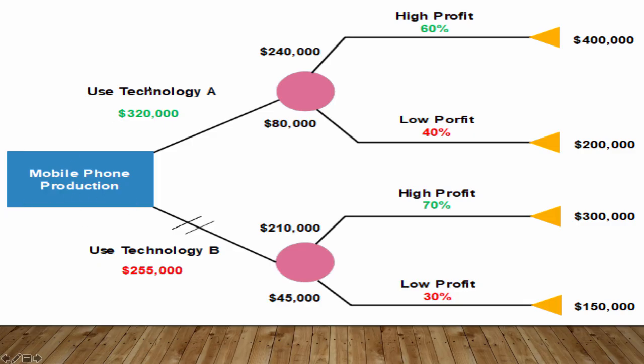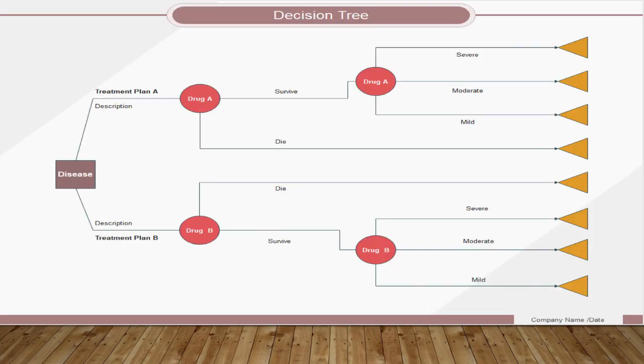Do I go with technology A or technology B? So I can go either way on my decision, and then there's some chances, these circles. If I go with technology A or technology B, there's a chance that I could have a high profit. There's a chance I could have a low profit on each of these, and then we'll get into the numbers in a second. But this is the basic layout.